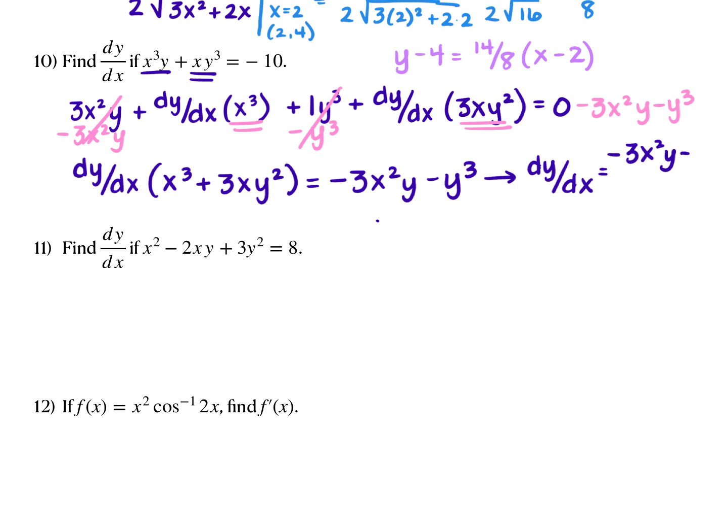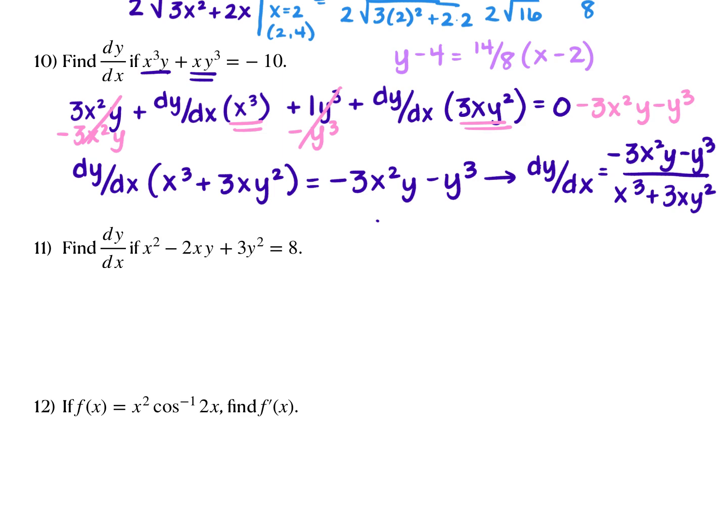Okay, trying to squeeze this in here. Y cubed. And all of this is over that parenthesis, x cubed plus 3xy squared. So that whole giant fraction, that is your dy dx. That's what you were being asked to find, your derivative.